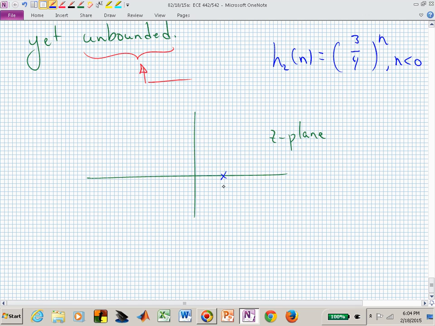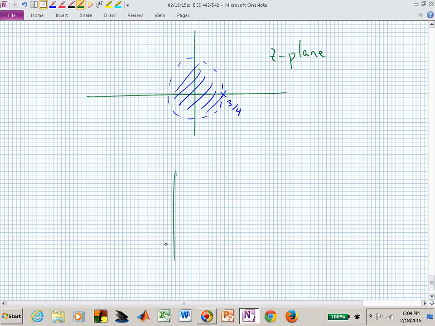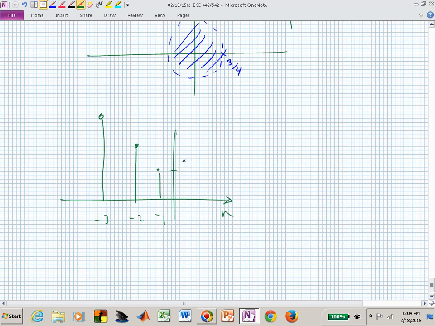Here we have 3/4, and our region of convergence is there, and our picture in the time domain looks something like that, where this is now the reciprocal of 3/4, which is 4/3, and then this is 16/9.